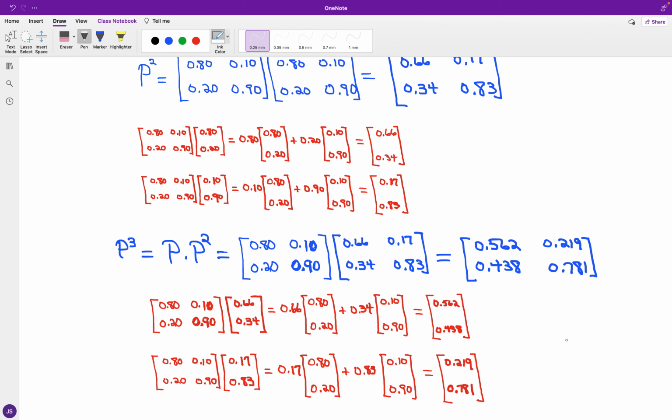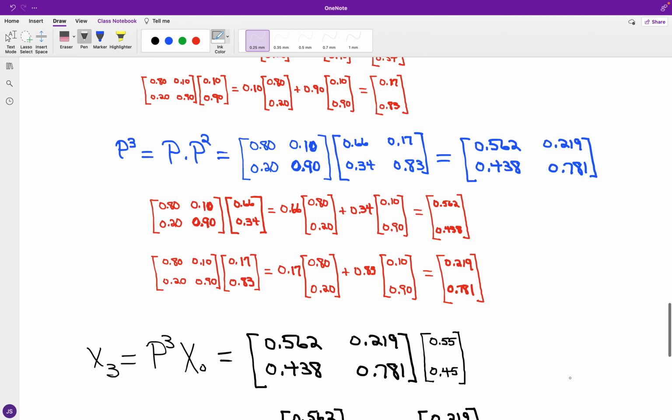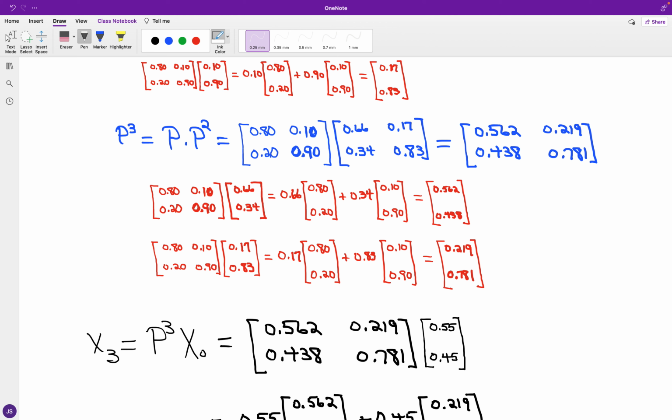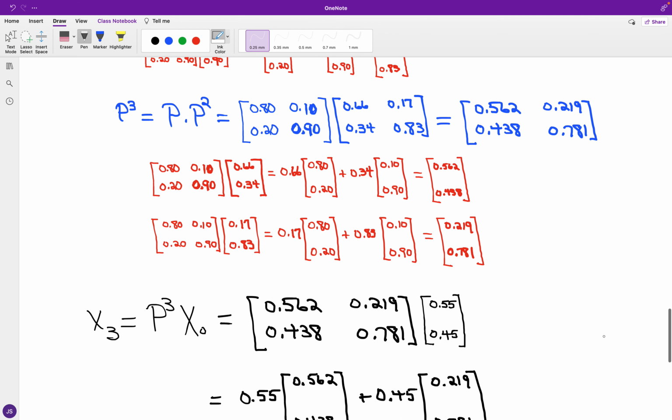For the cube of the transition probability matrix, the first column has 0.562 and 0.438, and the second column has 0.219 and 0.781. Multiplying by the initial state matrix, we have the state after 3 years: P to the third times X naught.